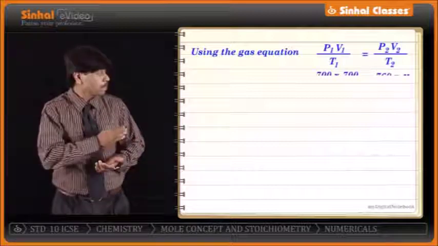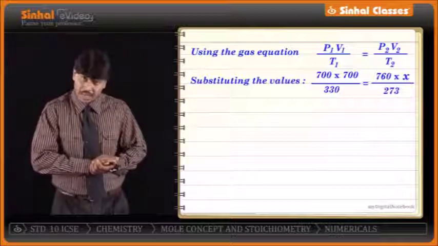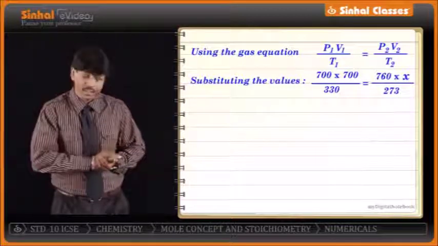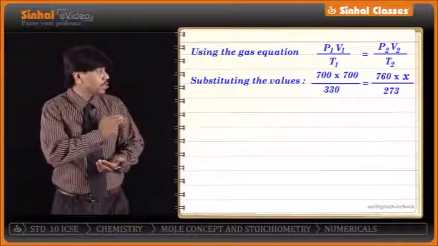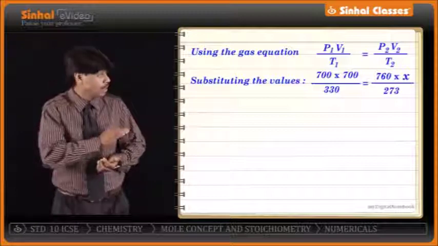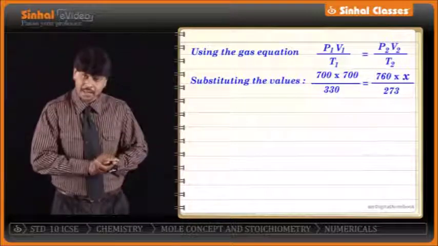Substituting the values, P1 700 into V1 again 700 divided by T1, that is 330, is equal to P2 760 into V2, that is X, upon T2, that is 273. Cross multiply.